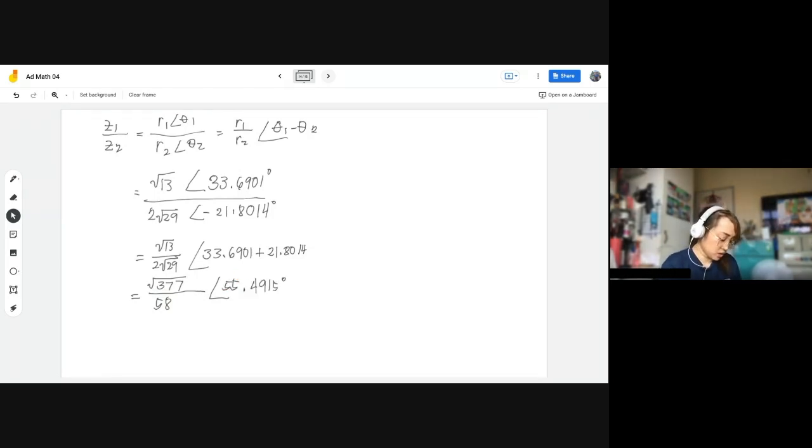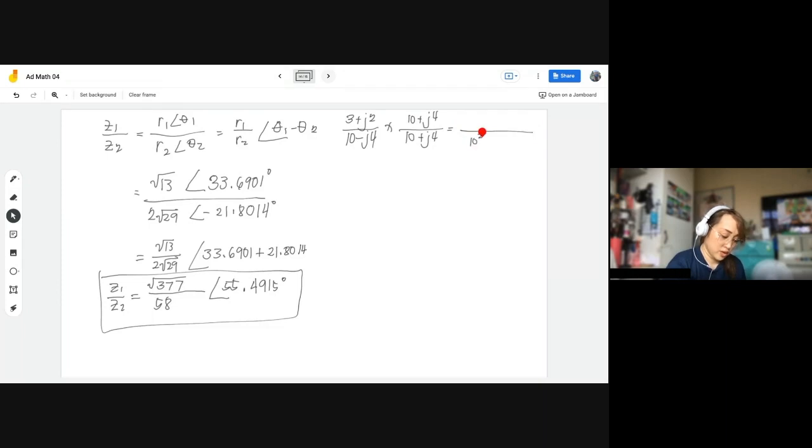Just recheck your answer. If we're going to check that from here, that is 3 plus j2 times 10 minus j4, over 10 plus j4 times 10 minus j4. So 10 squared minus j squared 4 squared. So that is 30 minus j12, plus j20, plus j squared 8. So that is 30 minus 8 plus j8.